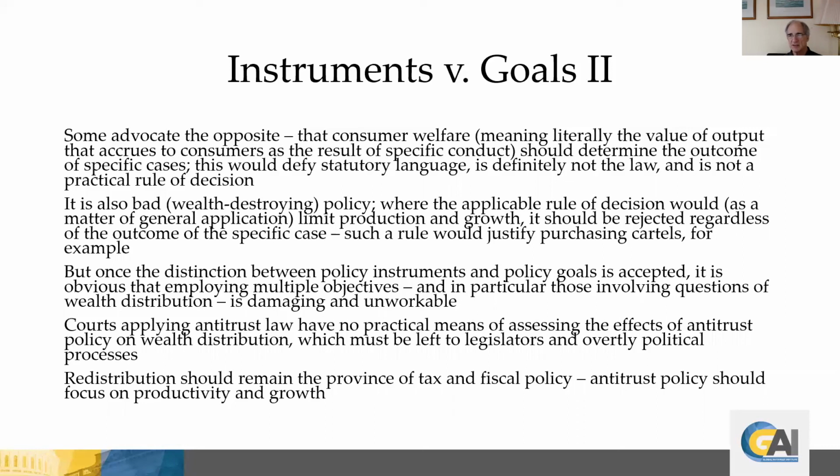But once you get the distinction between the policy instrument and the policy goal, it's obvious that the use of economics is the way to go, and you should not, as Donald Turner argued, make antitrust a mixture of social goals because it's both damaging and unworkable.